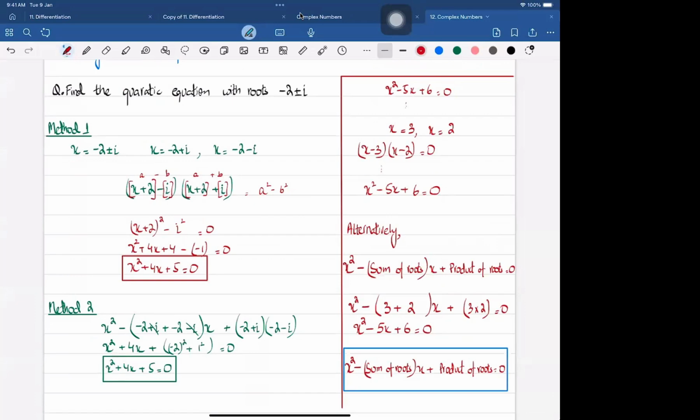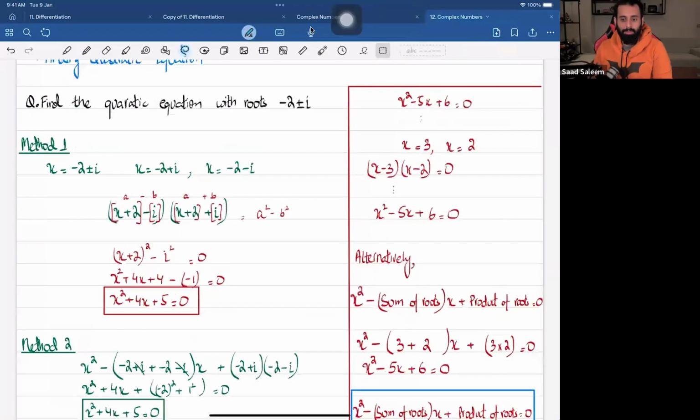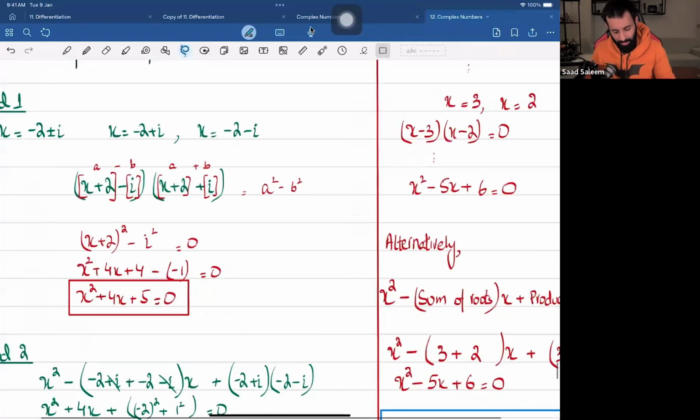Sir, you said we can't take 2 minus iota as b. So how will we know what we can take as b? Okay. Look for 2 terms with a minus sign in between. For example, we have x plus 2 in both the expressions. Correct?